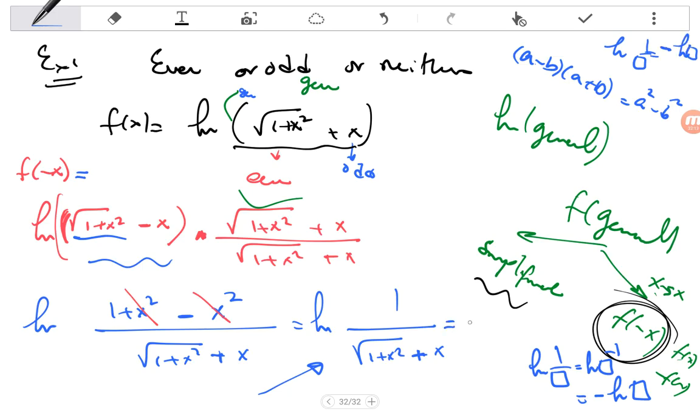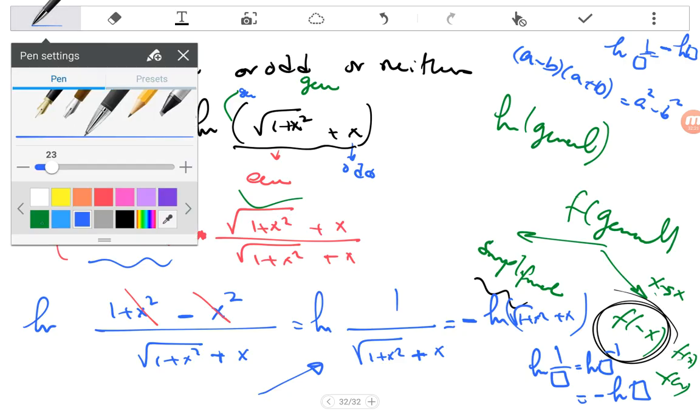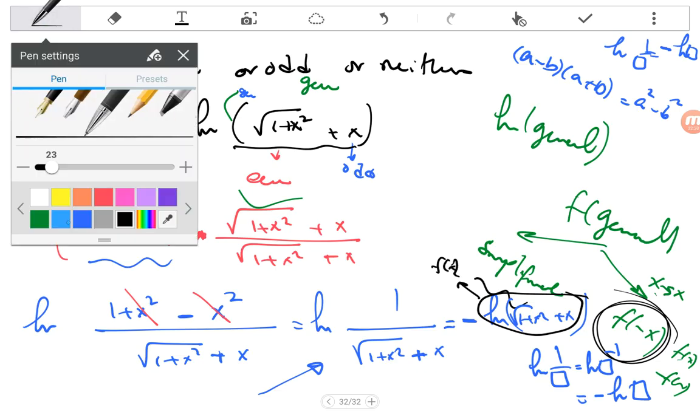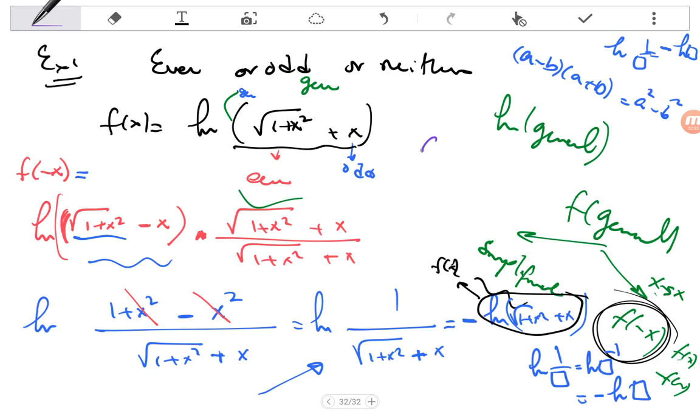So this is negative ln of root 1 plus x squared plus x, and this is exactly the original function, that is exactly f of x. So I've just deduced that f of negative x is just equal to the negative of f of x.